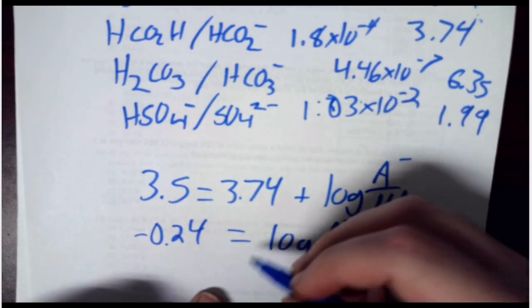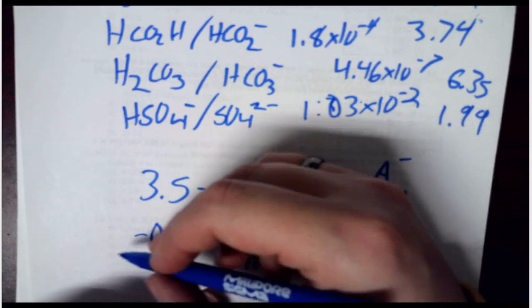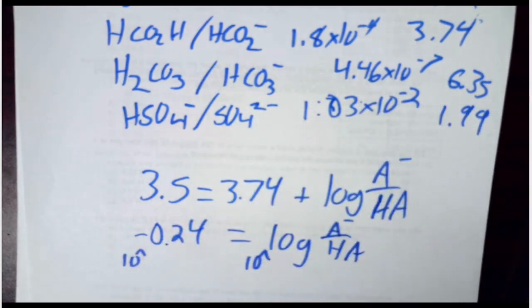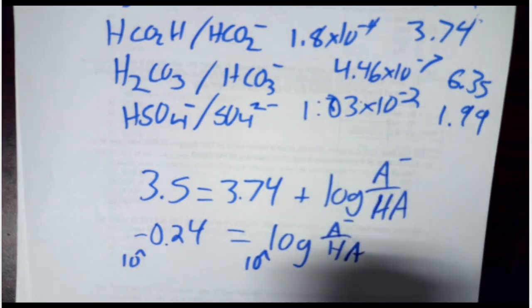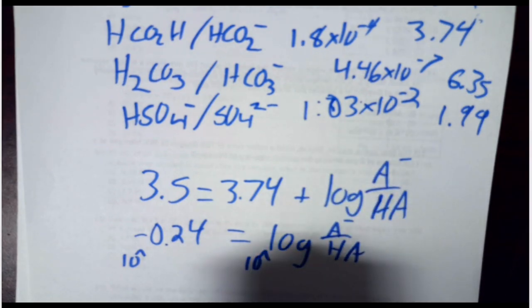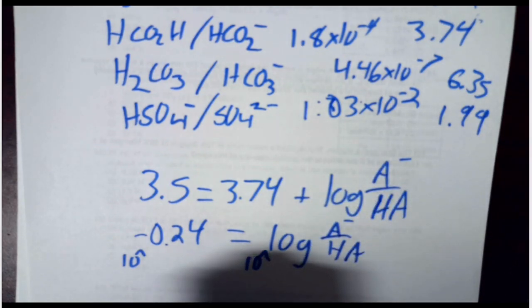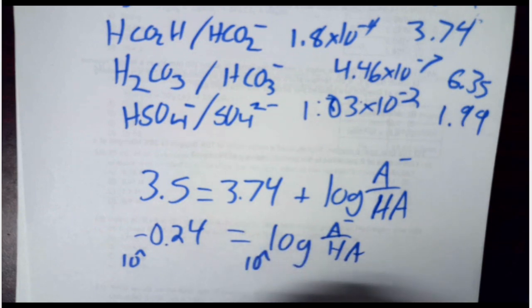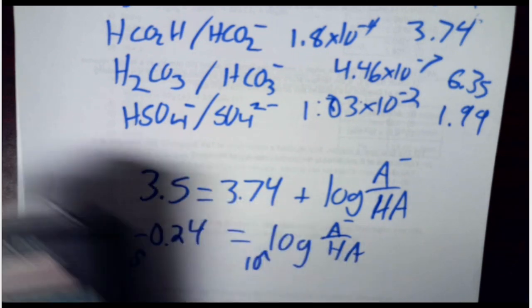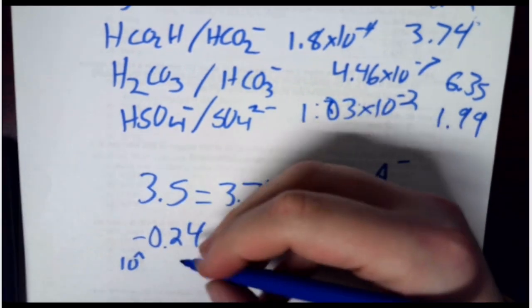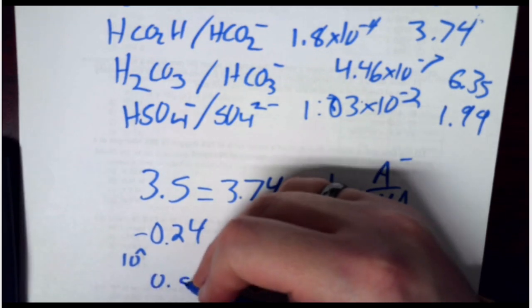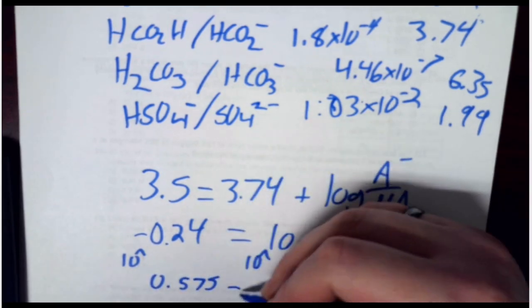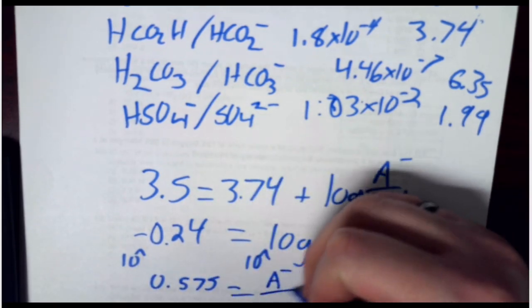To get rid of the log, we do the inverse log, and this will be the ratio. Inverse log of negative 0.24 is 0.575 A minus over HA.